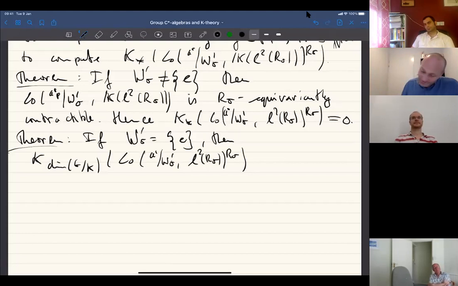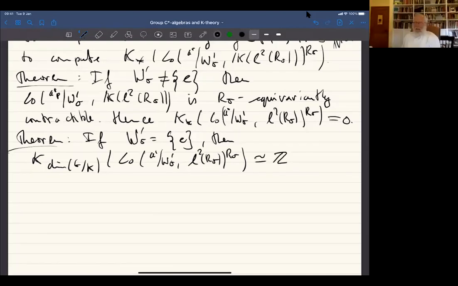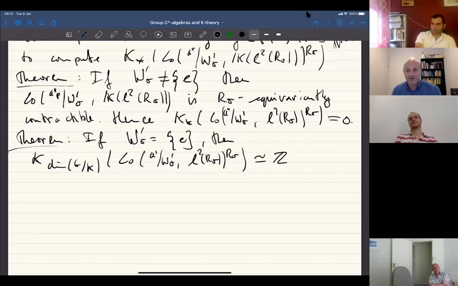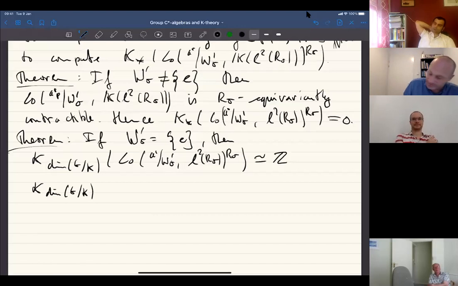So in the degree of the K-theory that's given by the dimension of G mod K, there is exactly one generator, so this group is free abelian on that single generator, and in the other degree, the group is trivial.